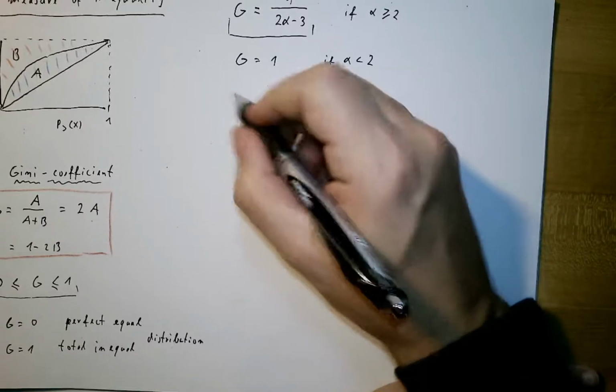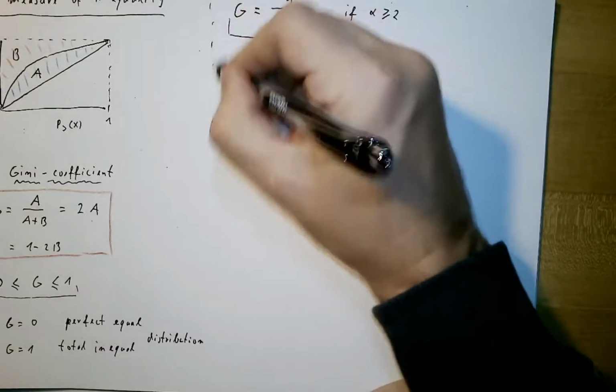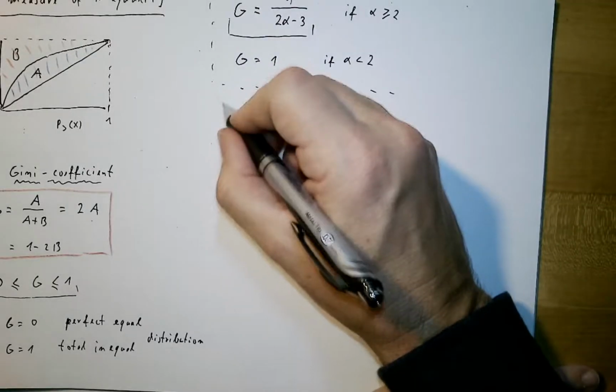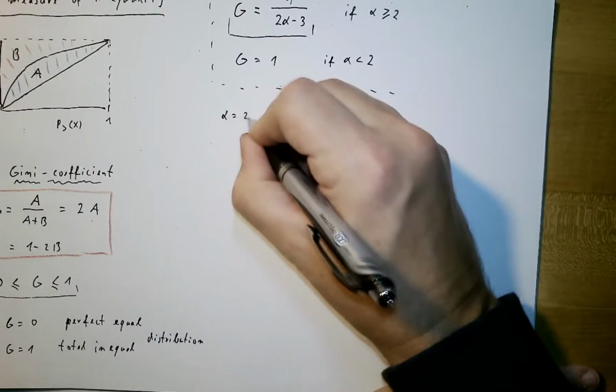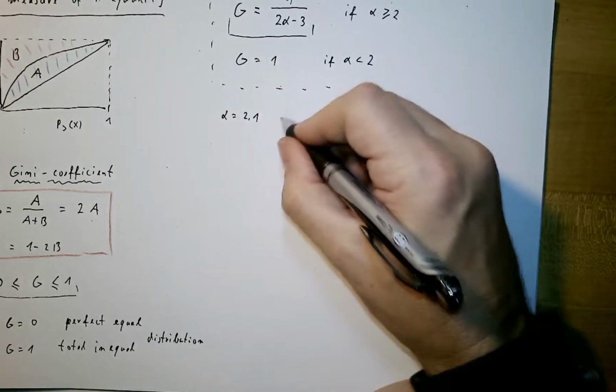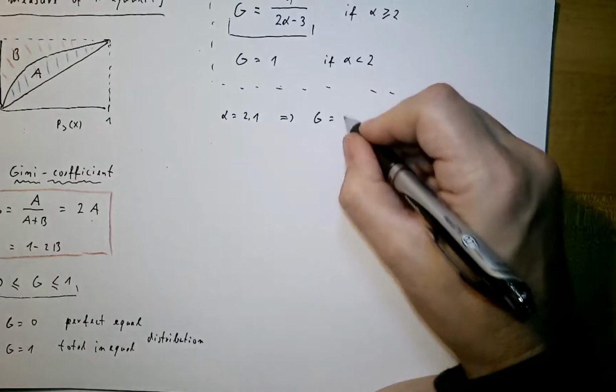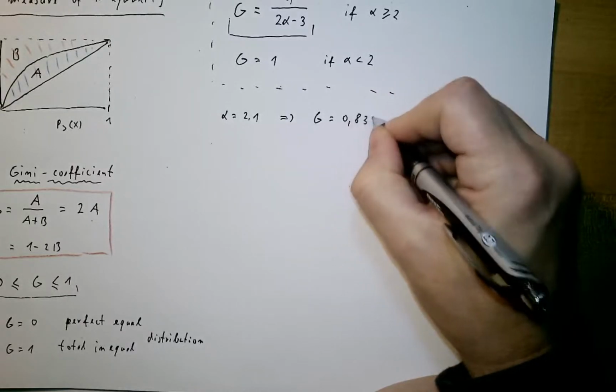And if we, for example, take a typical example of alpha equals 2.1, then we find a Gini coefficient of 0.833.